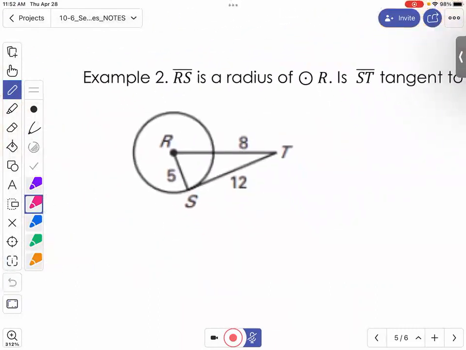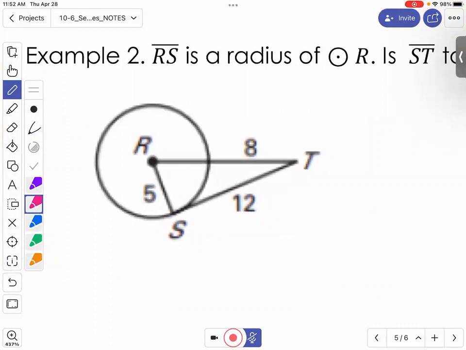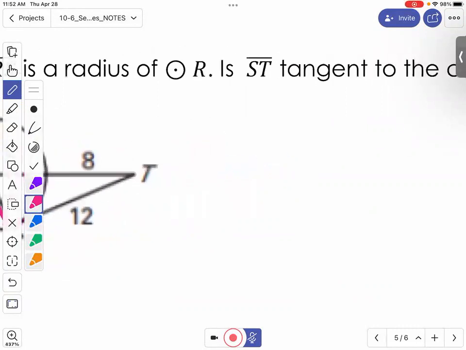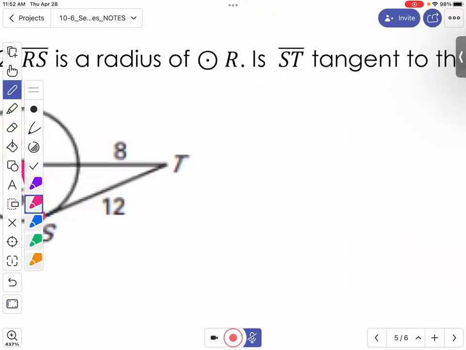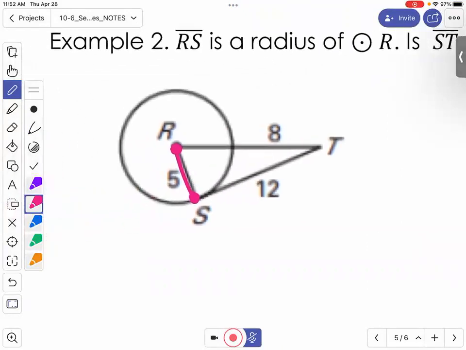So with that, let's check out our example 2. Segment RS is a radius of the circle. Is segment ST tangent to this circle? Well, if it is supposed to be tangent, then the property says it should be perpendicular.